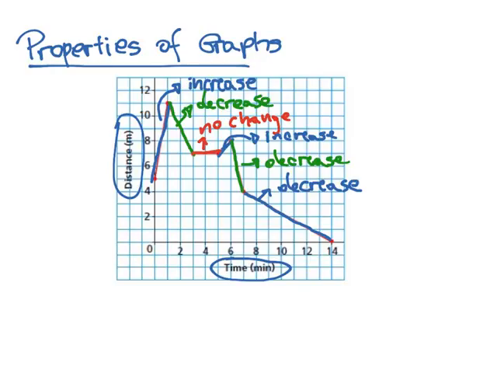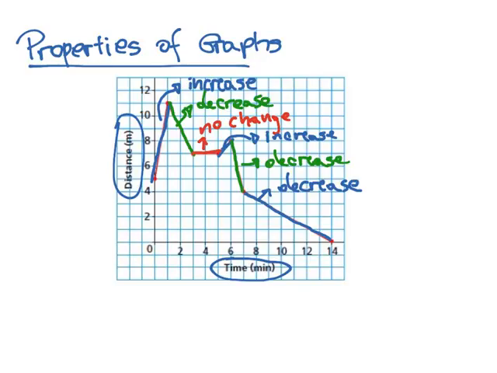So let's start from the graph. From the left-hand side, maybe this is a car, or this is a person walking. So the person is going at a specific speed. Then the next segment shows that it's decreasing or going backwards. And then there's no change in speed. That means there is no speed at all, for there's no change. So then the person is not moving.